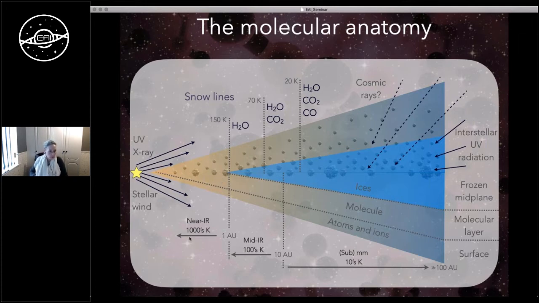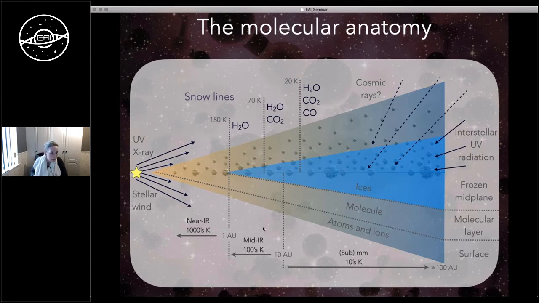So there are a lot of studies at near infrared wavelengths, looking at this inner very hot region around protoplanetary disks within a few AU, really looking at the molecular disk atmosphere. In the mid-infrared, Spitzer, for example, did a lot of work in this region, looking at the molecular layer at a few hundreds of Kelvin in temperature, probing a region within about 10 AU.